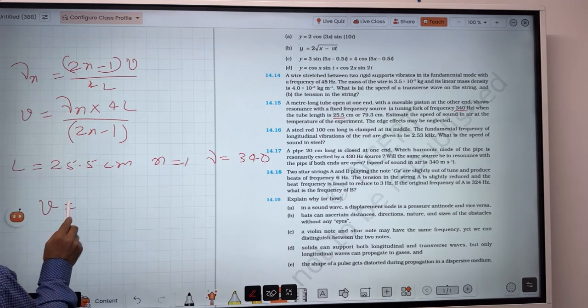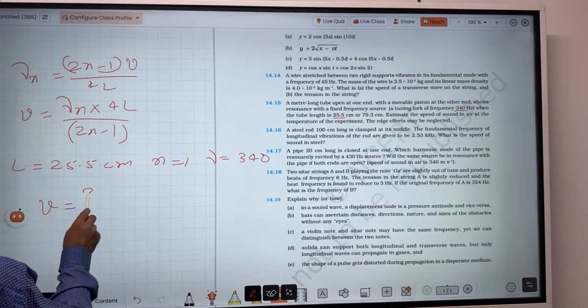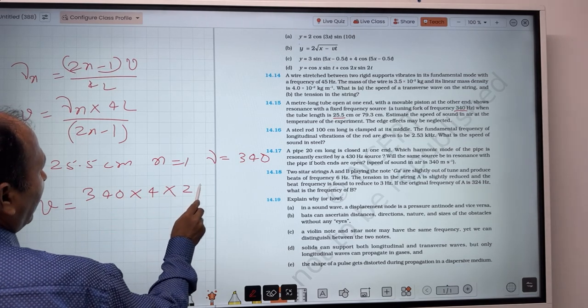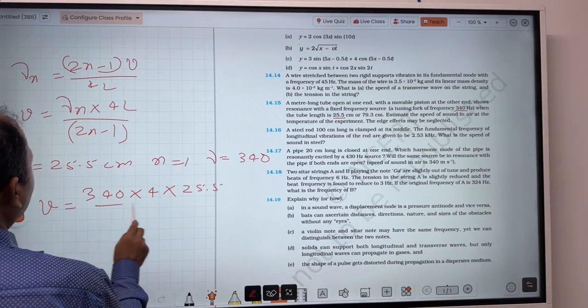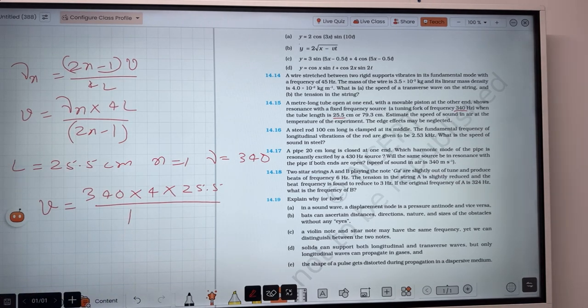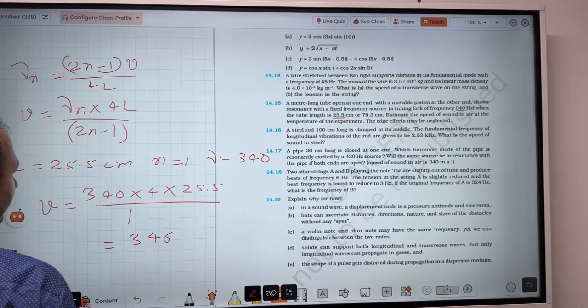We can put these values to get the velocity. So that is 340 multiplied by 4 multiplied by 25.5 divided by 1, right? So this will come out to be 346.